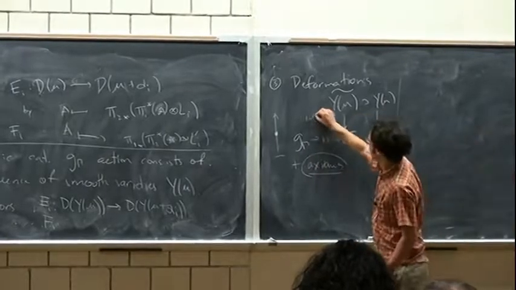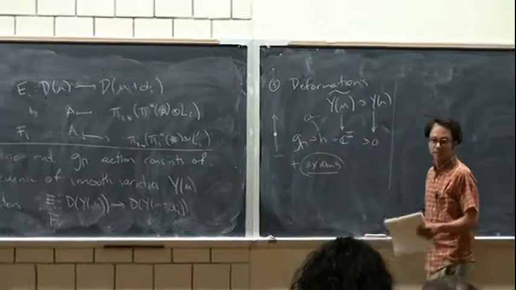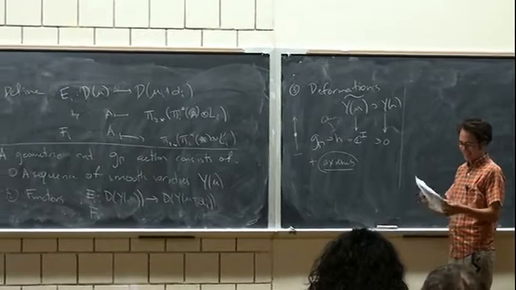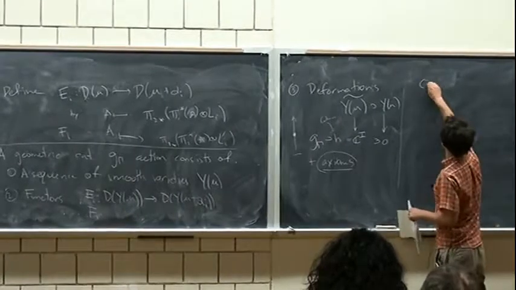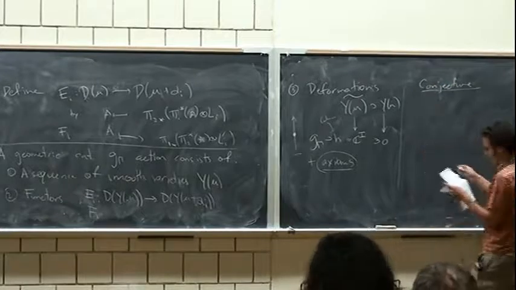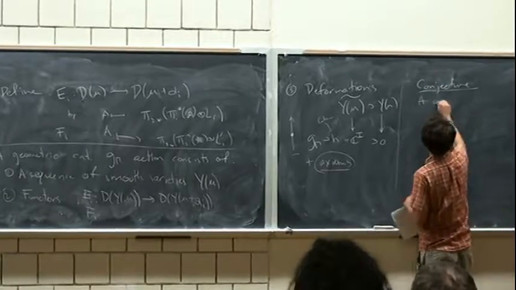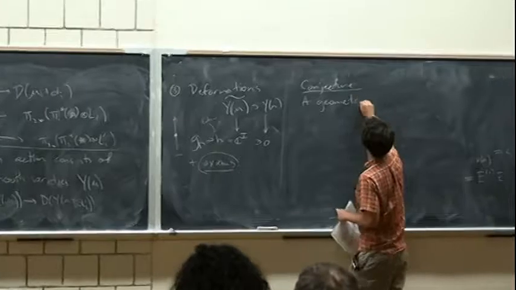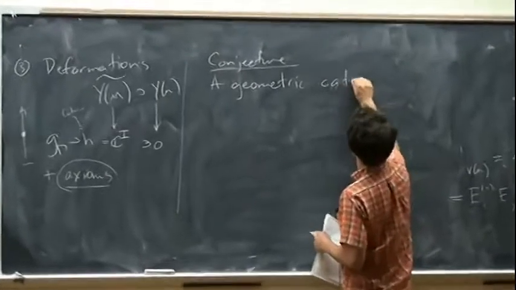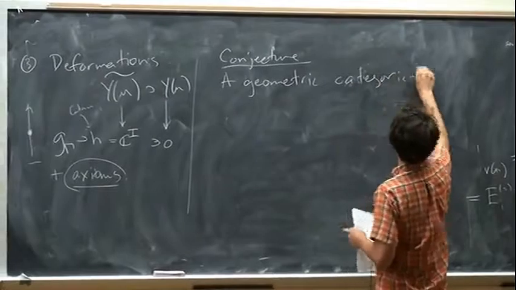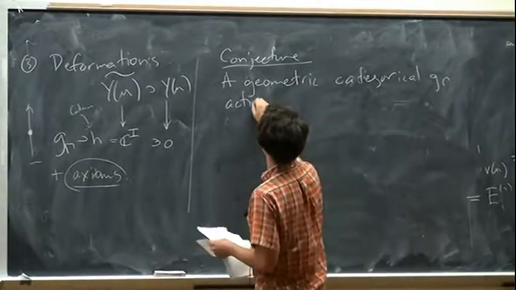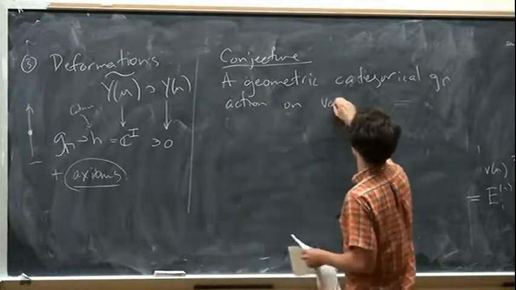So these axioms do not imply the Khovanov-Lauda axioms. Well, it's so. Geometric, categorical. You can actually act on varieties.